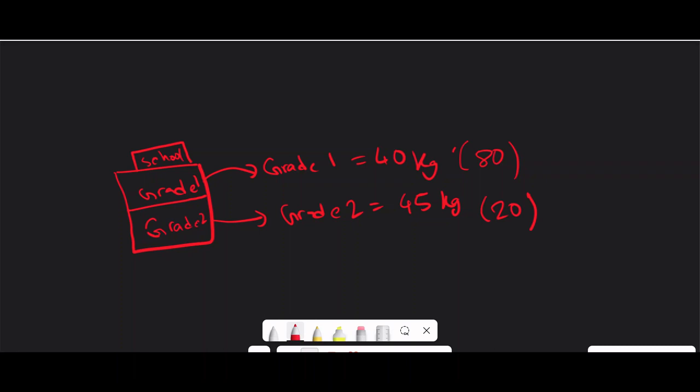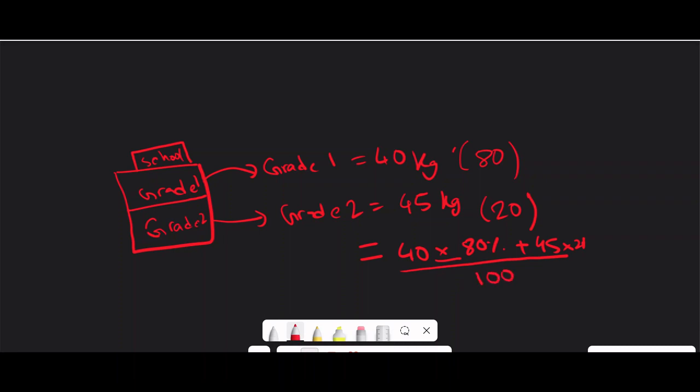So when we want to find the mass, what we are going to do is 40 into 80% plus 45 into 20% divided by the total percent, say it's 100.